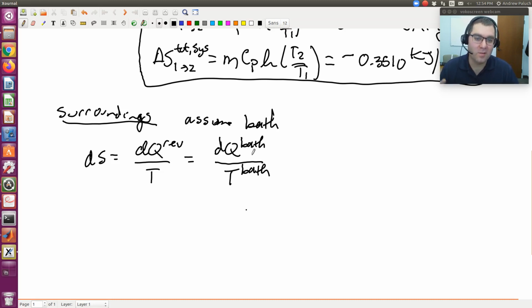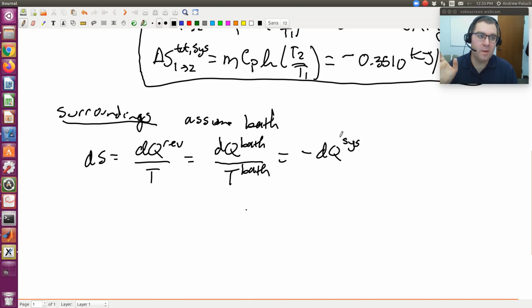In this case, I'm going to have a transfer of heat from my hot block to my bath, because my hot block of copper is at a higher temperature than my bath. So heat's going to flow from my hot block to my bath, ambient air. So the trick to computing the heat of my bath is going to be to replace that with the negative heat of my system.